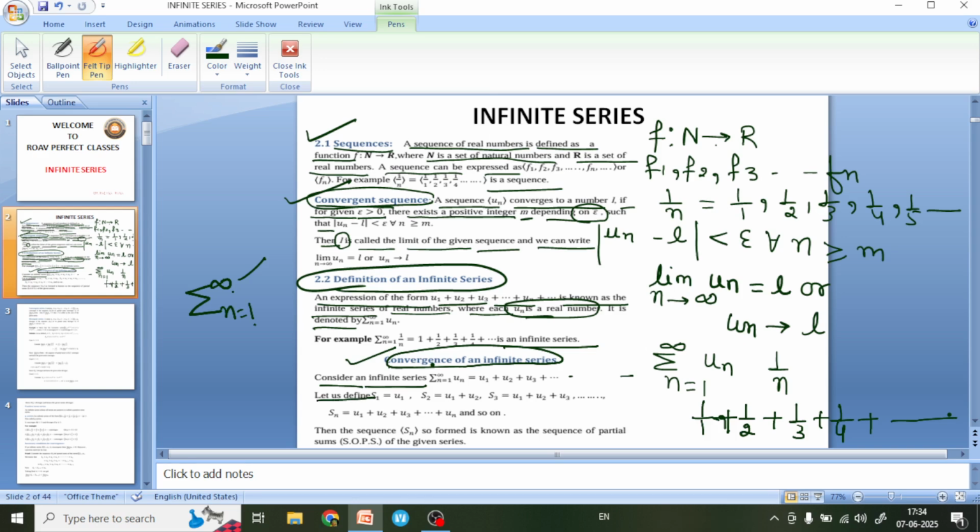Let us define S1 equal to U1. What will be S2? S2 is equal to U1 plus U2.